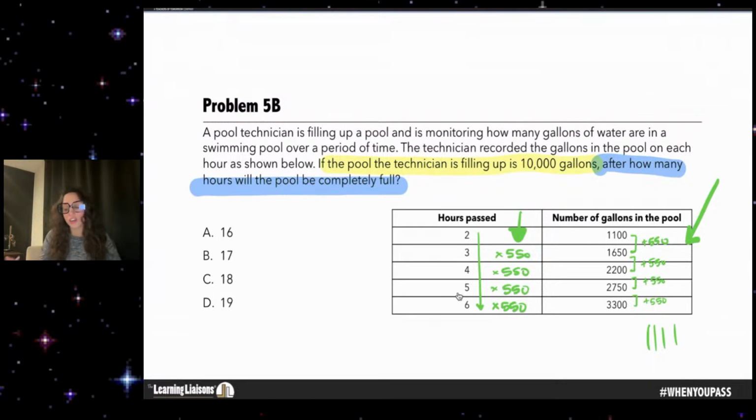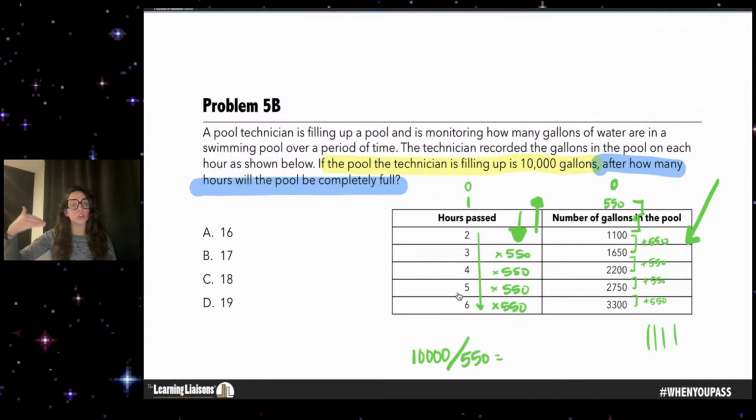You could also do 10,000 divided by 550. Why? Because if I go backwards and I subtract 550, after 1 hour, I would have 550 gallons. And at time 0, I would have 0 gallons.